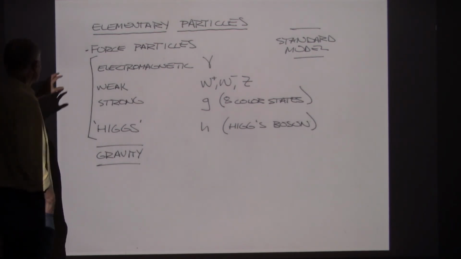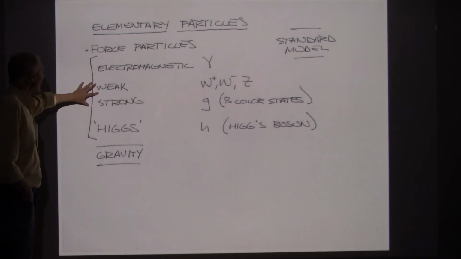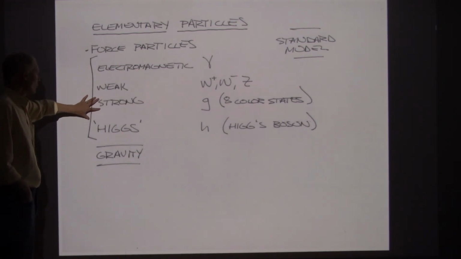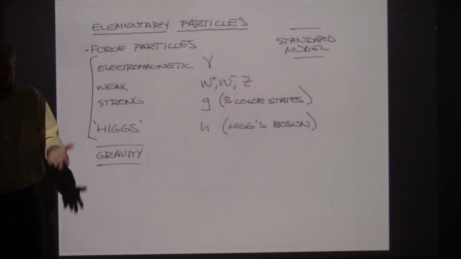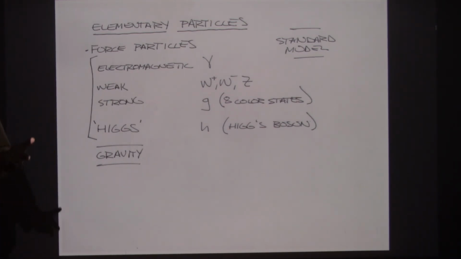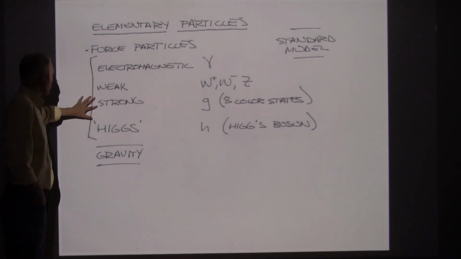Now, that was such a success that for the other forces in nature, the weak force and the strong force, it was thought maybe we can come up with analogous mathematical descriptions of how these forces work.